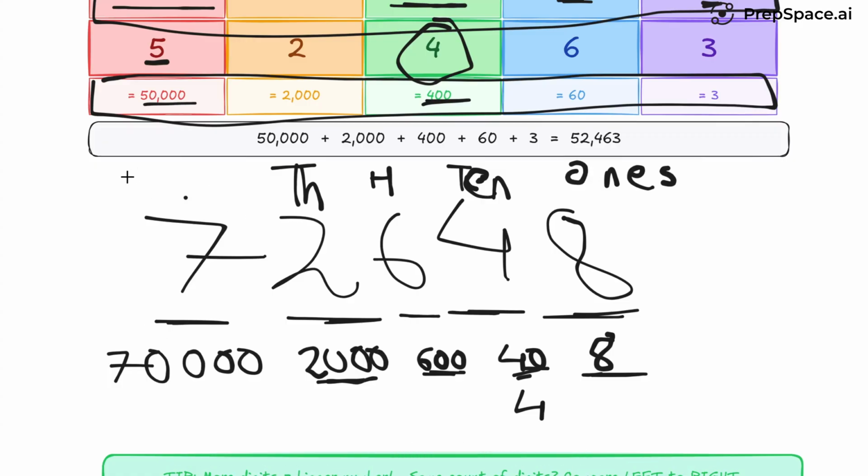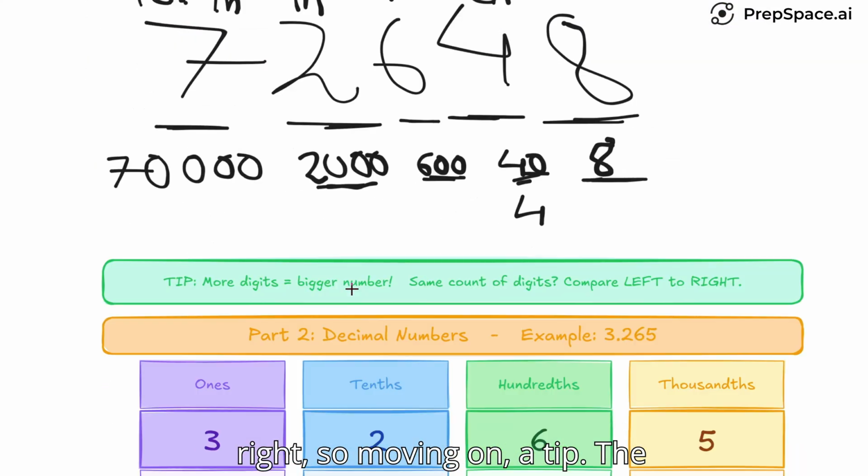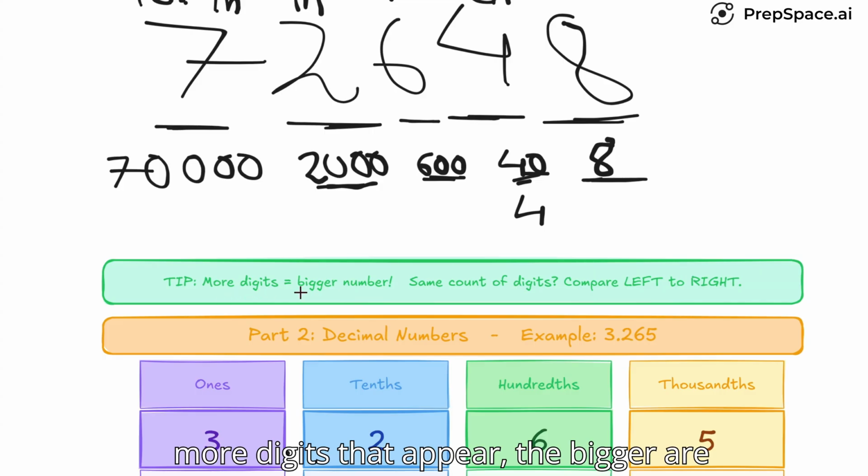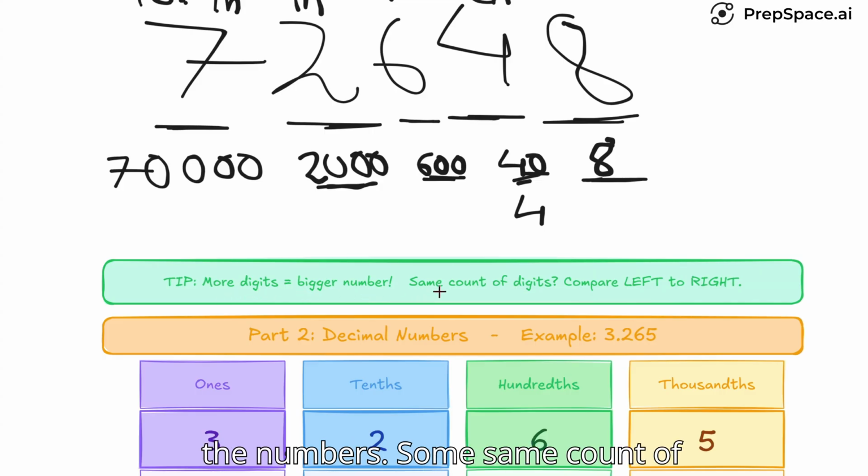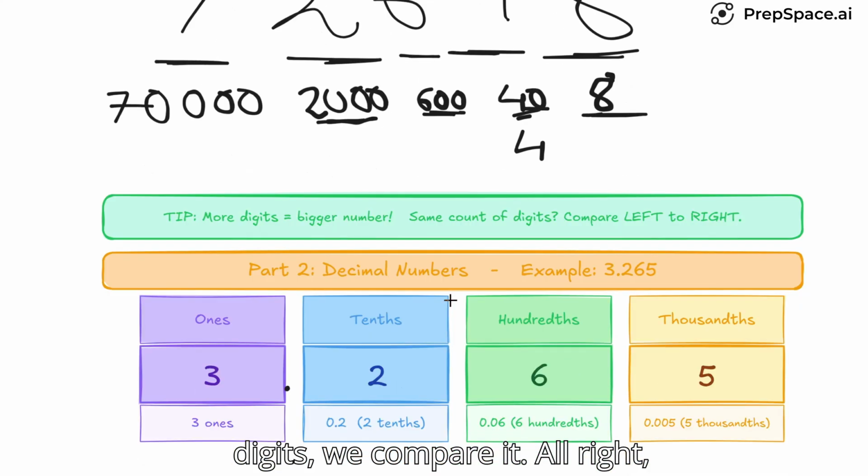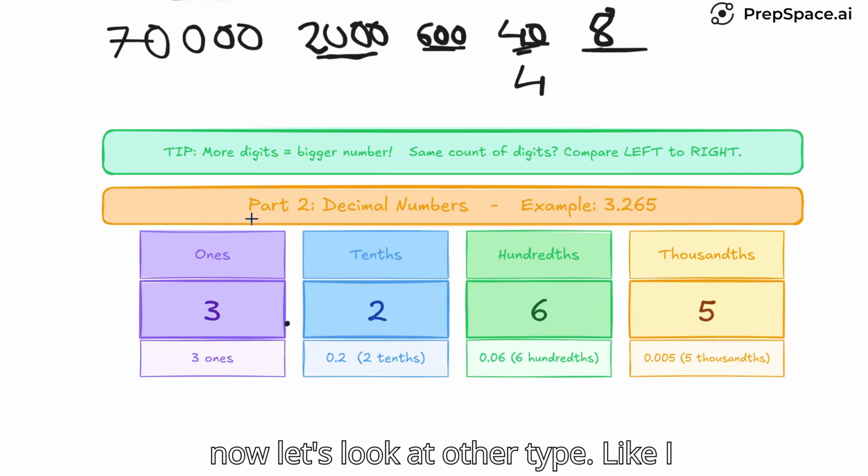So it's ten thousands. Alright, so moving on, a tip. The more digits that appear, the bigger the number. With the same count of digits, we compare them.